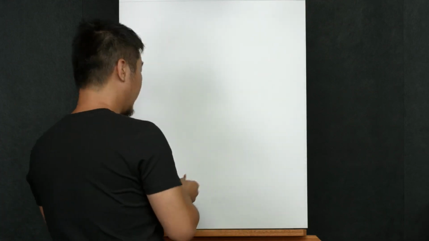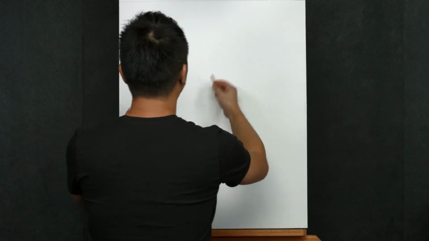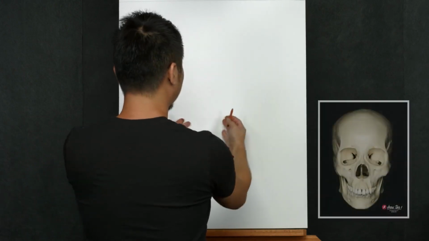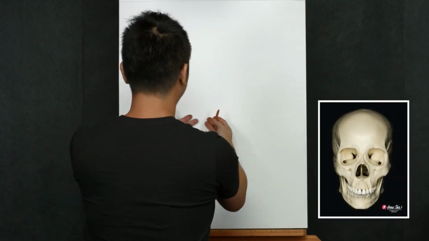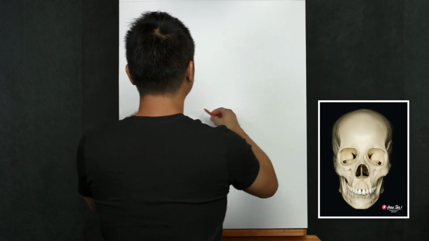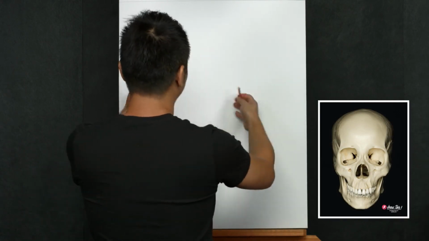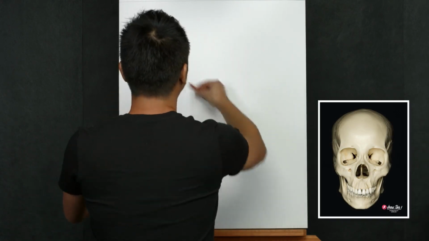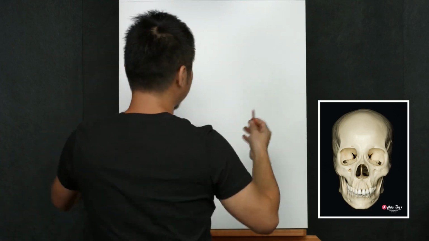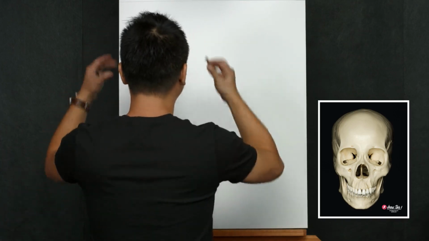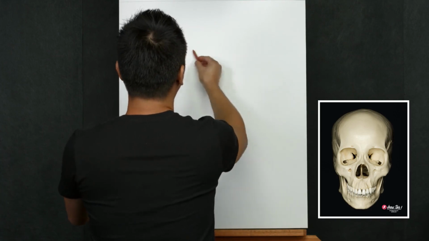So first thing, we're looking at the front view of the skull, and you can see it's wider on the top, and it's more angular and tapers on the bottom. Okay, well, that can change from person to person. It can be reversed, but normally we have a wider cranium because you have the big brain that fits inside the cranium.